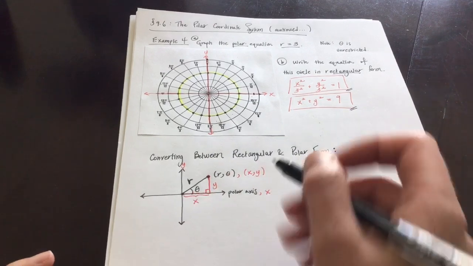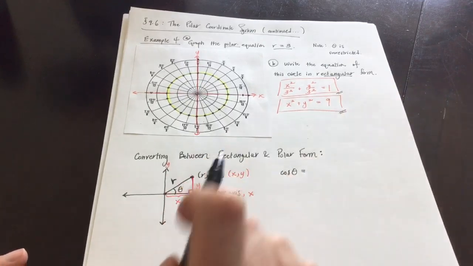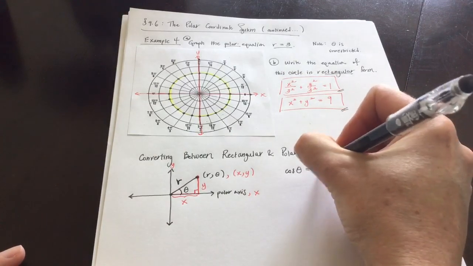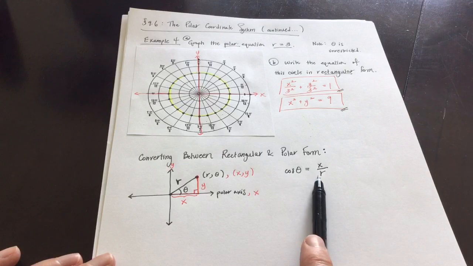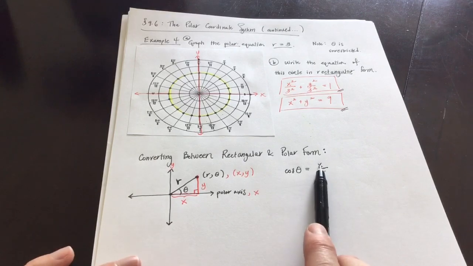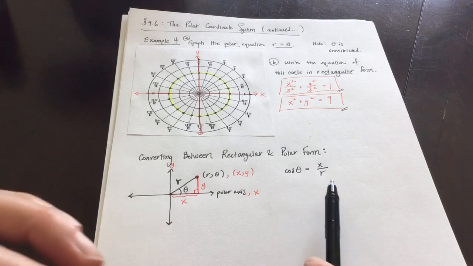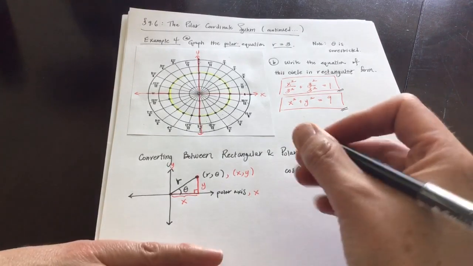If I asked you what's the cosine of theta, you could just say, well, it's adjacent over hypotenuse, or x over r. And notice this expression has theta and r in it, which is polar, and then it also has x in it, which is rectangular, which means it's a way to kind of maneuver from one form to the other.